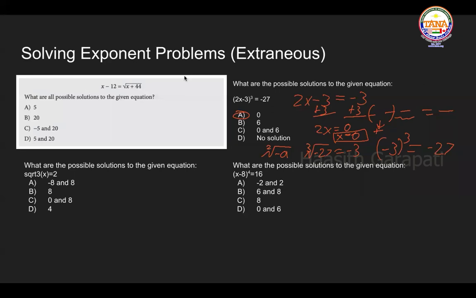Now, what about 6? Let's see what happens if we put 6. You get 2 times 6, which is 12. 12 minus 3 is 9 to the power of 3. It's not really going to work out. So A is just the correct answer. Simple as that.